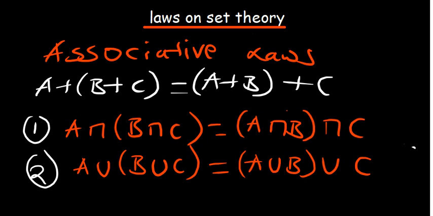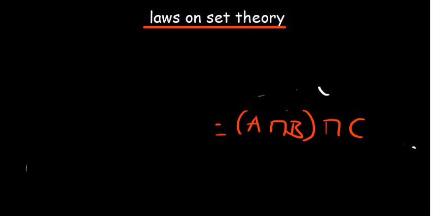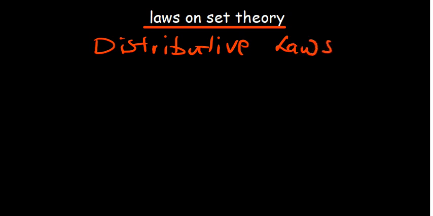Alright, so let's talk about what we call distributive laws. Distributive laws are also a very important aspect. You need to understand what it means. For you to be able to remember, I'm going to talk about what we know under multiplication. Let me just use letters to save on time.